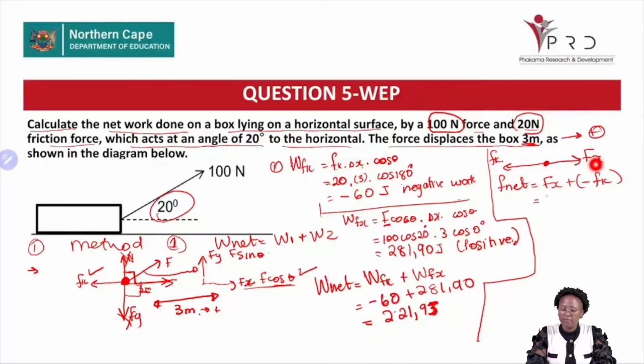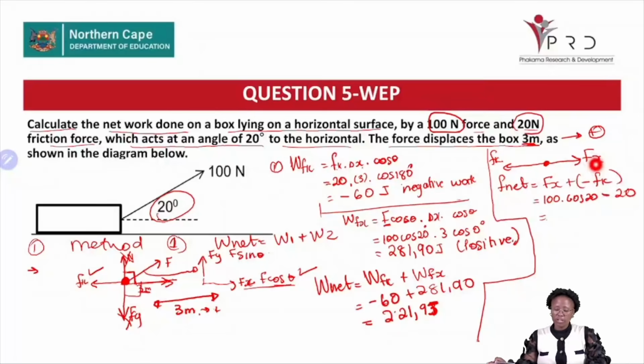How much is my Fx? It is my 100 cos of 20 degrees minus Fk. How much is Fk? 20 newtons. Then when I do my calculations very well, I think I got something like 73.97 newtons. This is my Fnet.